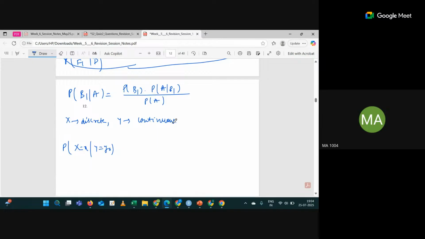Basically, this will be the marginal probability of your random variable X into the conditional density of random variable Y, divided by the marginal density of Y. So this is something you can relate with this Bayes theorem formula.